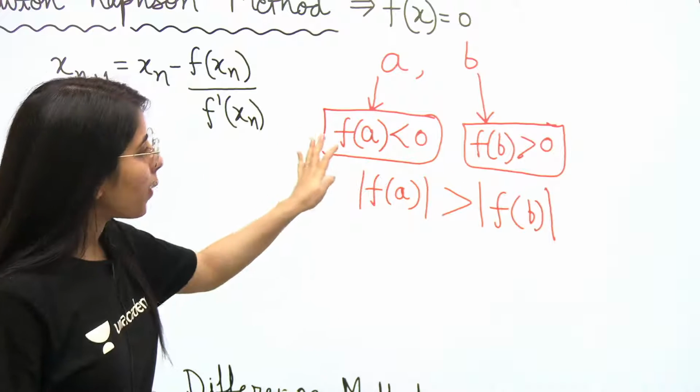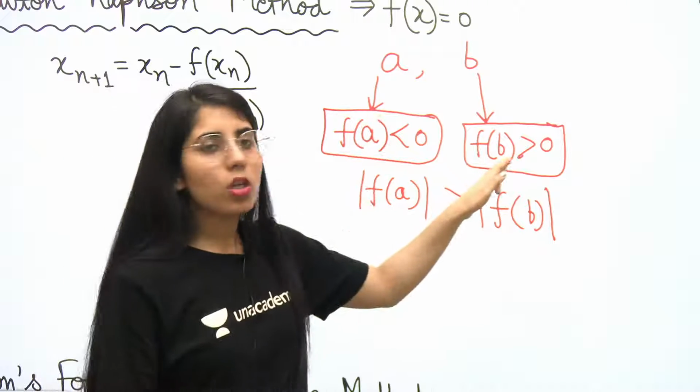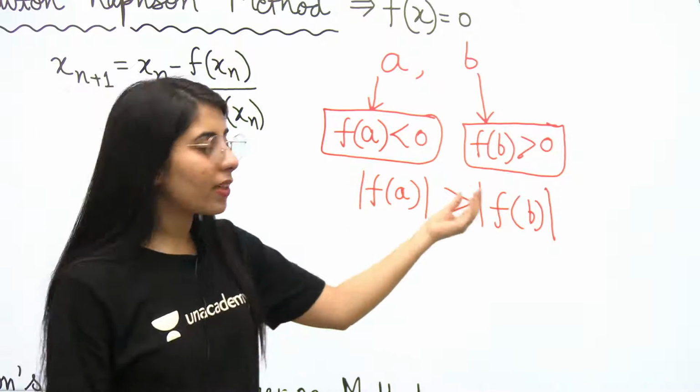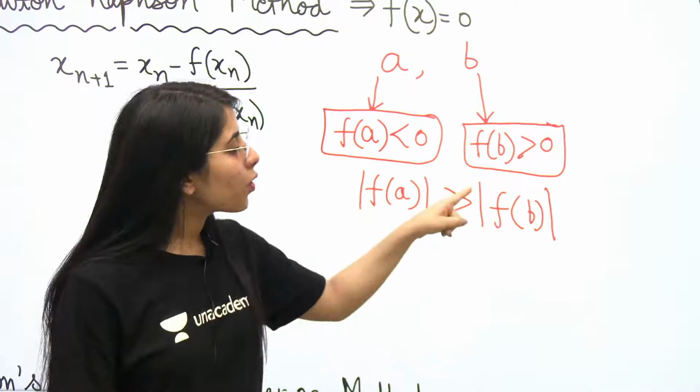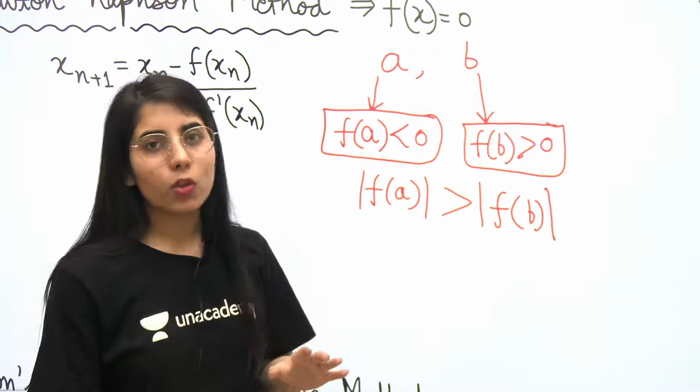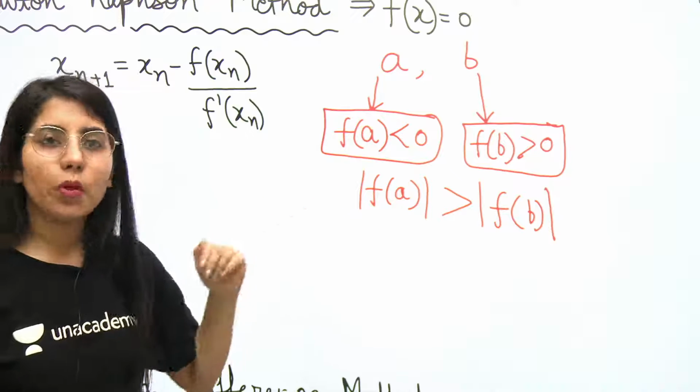Clear? The magnitude, that is 12, is greater than 5. So here we have got the value of the function at point B, which is less in magnitude than the value of the function at point A.